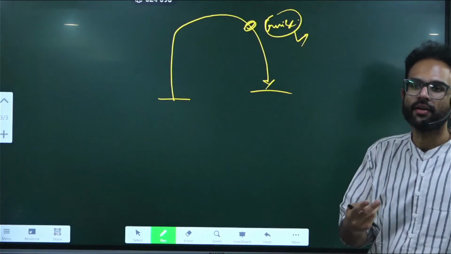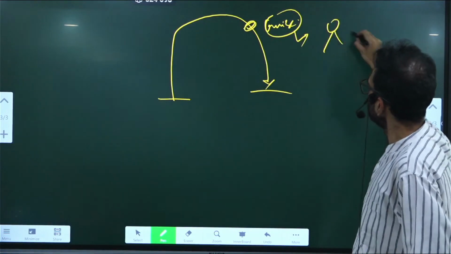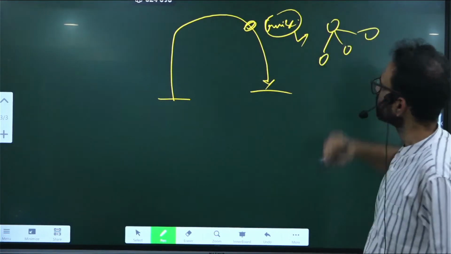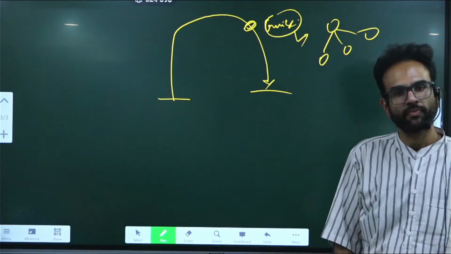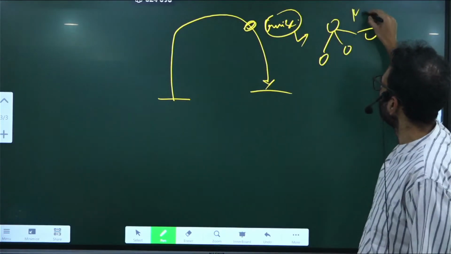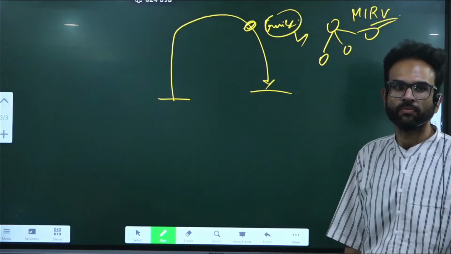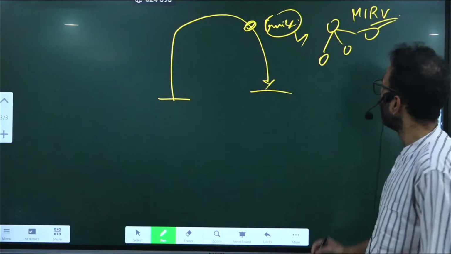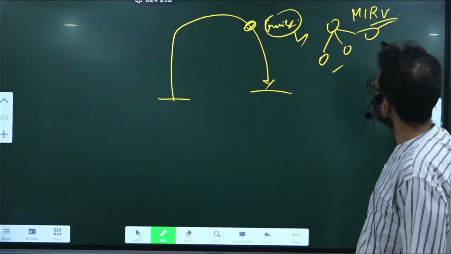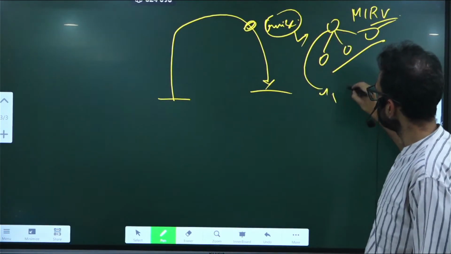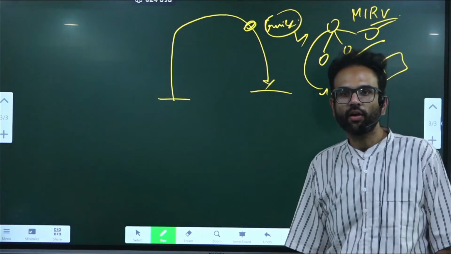On top of that, what if one missile becomes three more missiles? It will release multiple warheads. This is what my MIRV technology is. Now I will complicate it. Along with this, I will also release some dummy targets to distract the opponent.